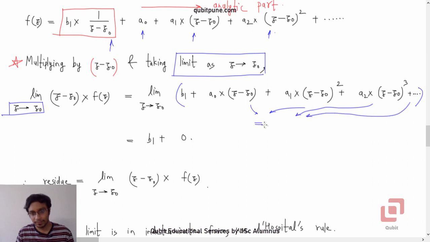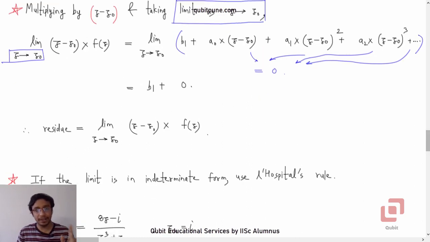And therefore we have now got the formula to find the residue of f(z) at a simple pole or pole of order 1. Okay, and the formula is residue is limit of (z minus z0) into f(z) as z tends to z0.